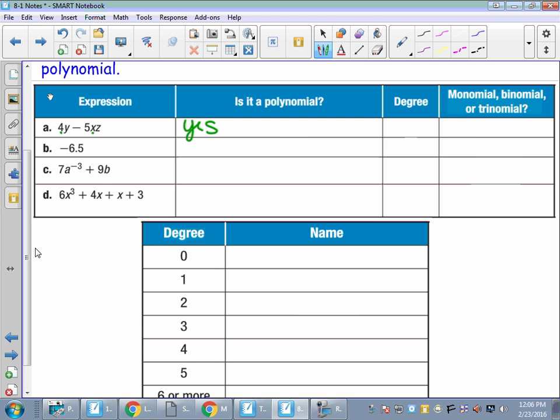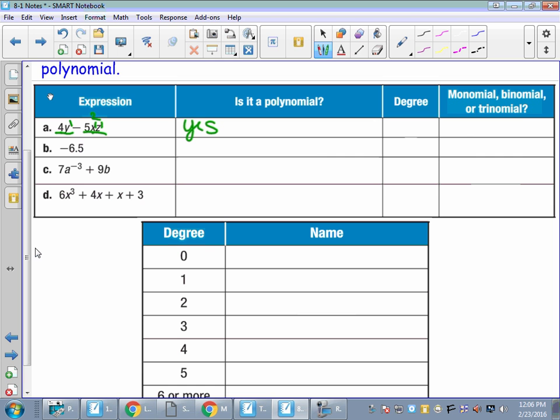The degree, well, let's look at each of them individually. The degree of the first monomial is just 1 because it's y to the first. The degree of the second monomial is 2 because you add up the degree of x to the first and z to the first, which makes degree 2.